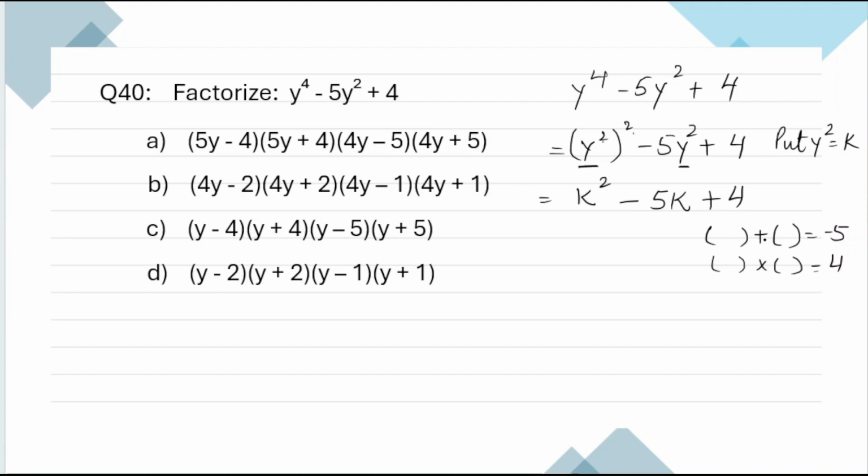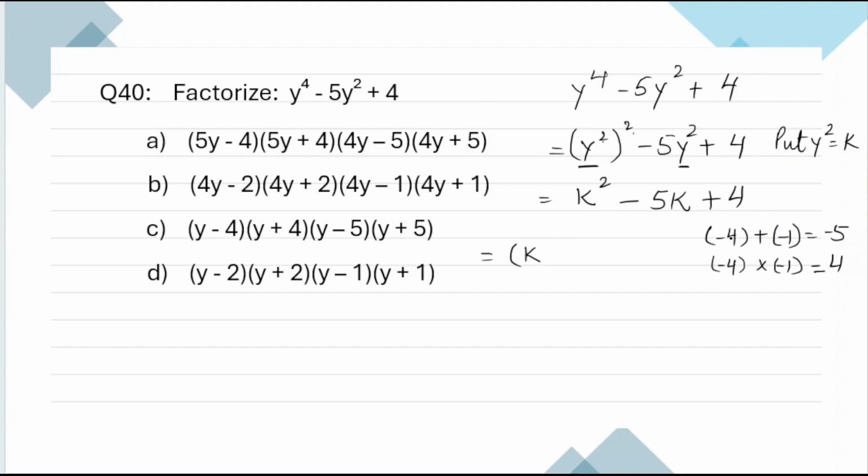Which are those two integers? Negative 4 and negative 1, because negative 4 times negative 1 is 4, and negative 4 plus negative 1 is negative 5. So what are my two factors for this polynomial?